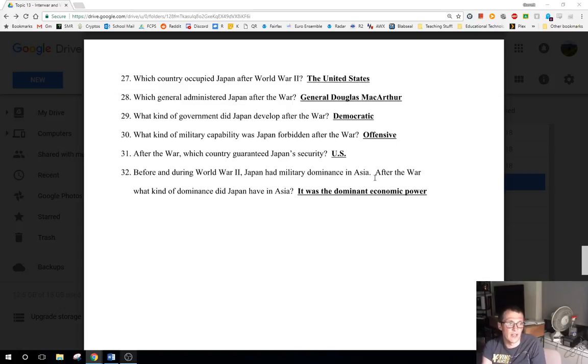You will get a democratic government instilled in Japan after the war, but Japan will not be allowed to have an actual army. They have a defense force, but they cannot have any offensive army. The United States is guaranteeing their security as a result of the treaties and things like that, right? But we do know that Japan is now going to be a bit of an economic powerhouse. They've been able to push all their resources into their economy, and they've been very effective, right?